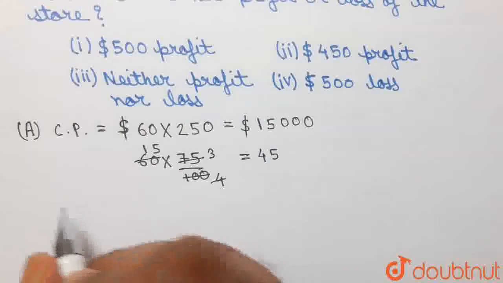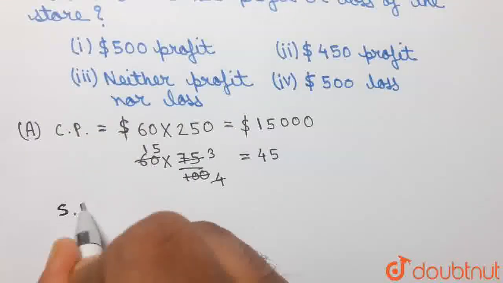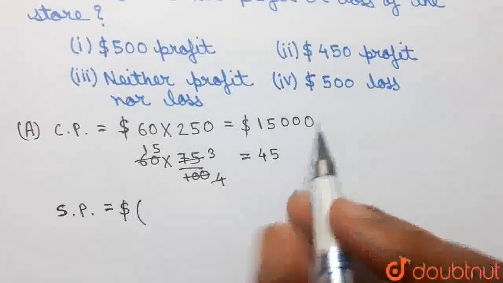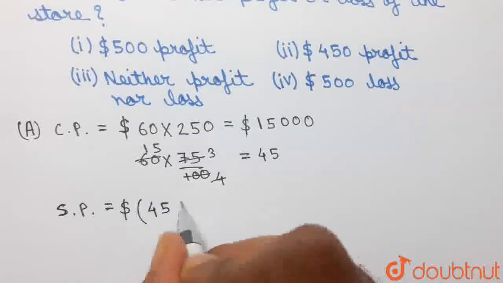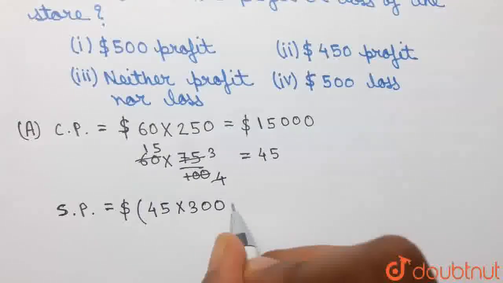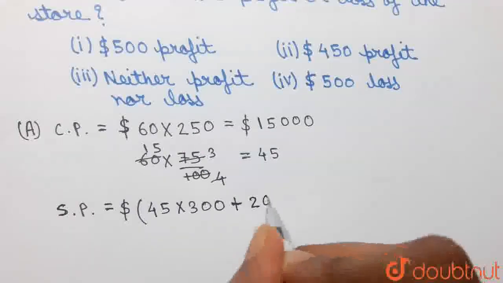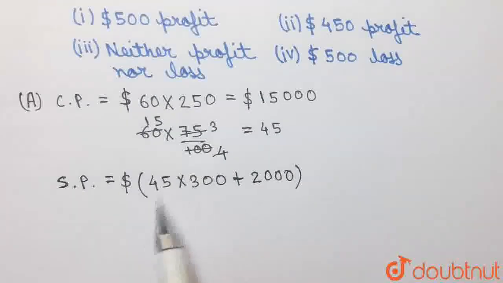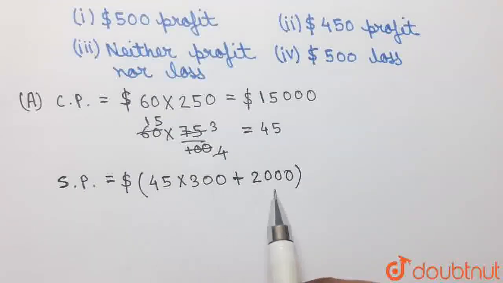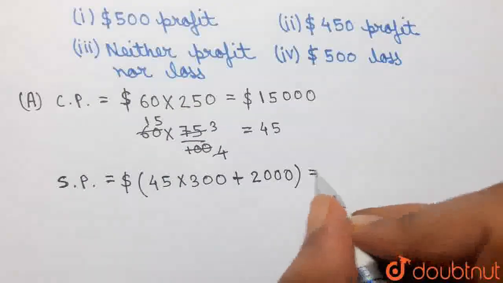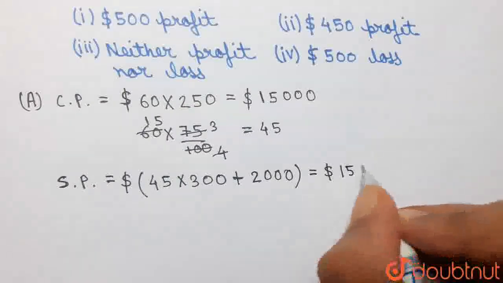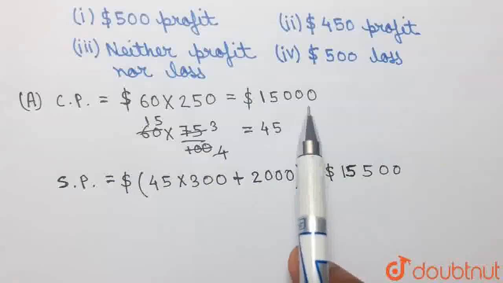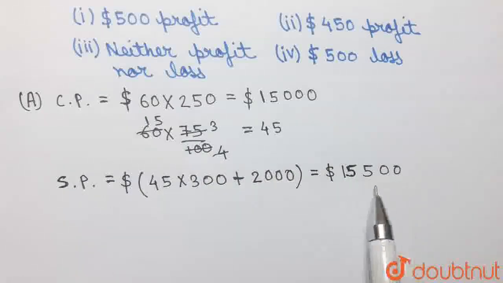So the selling price of the bookstore will be given by 45 books which were sold for $300 each, so we have 45 into 300 plus the $2,000 which the book dealer gave for the remaining 15 books. Now this value 45 into 300 plus 2000 when calculated using a calculator comes out to be 15,500. So we can observe that the cost price is 15,000 whereas the selling price is 15,500.